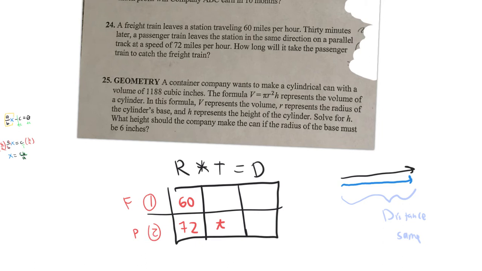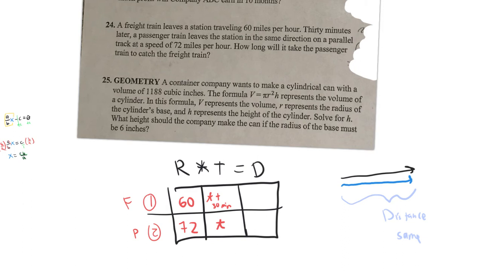So that means that the time spent traveling for the freight train is t plus 30 minutes. Okay, t plus 30 minutes. But here's the deal. This is 60 miles per hour. So the time units that we're dealing with as it pertains to the speed is hours. So we can't say just 30 minutes. We have to say half an hour. Okay, so it's 0.5.